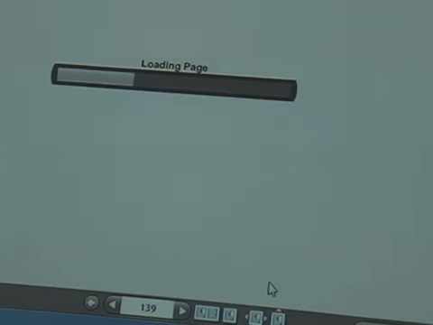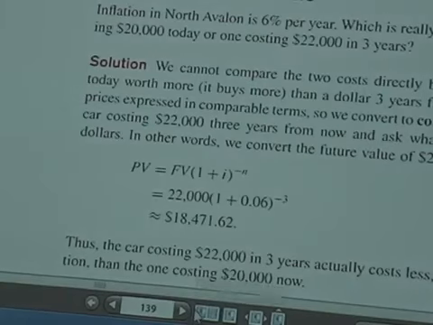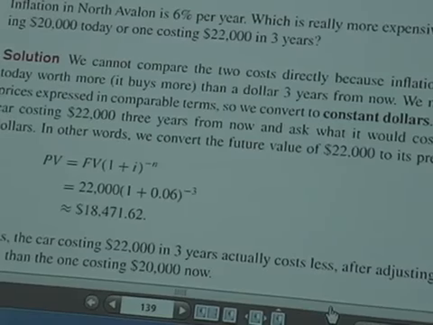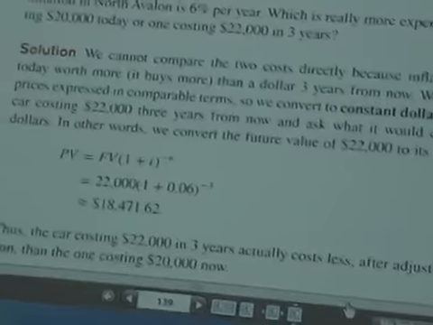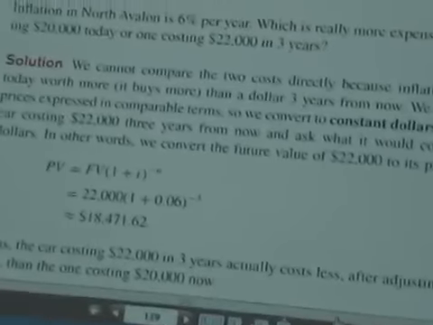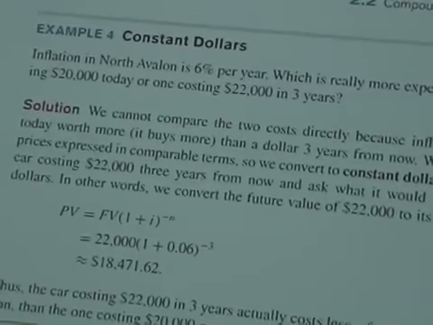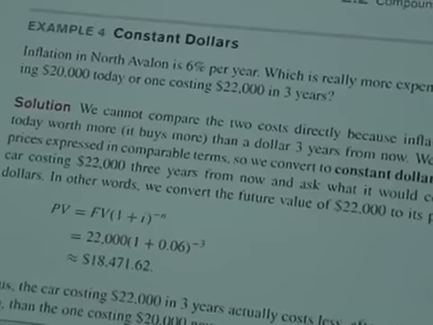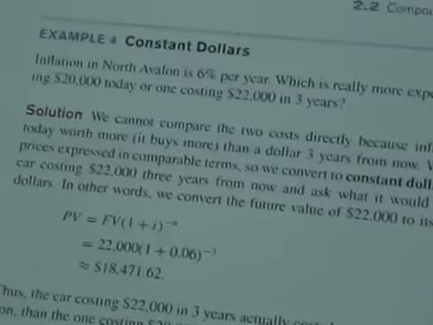Any questions so far? Okay, let's go to this one. Constant dollars. Another business word that we don't have to cover here, but you have to learn it anyway. So I'm kind of interested in it, so let's do it.